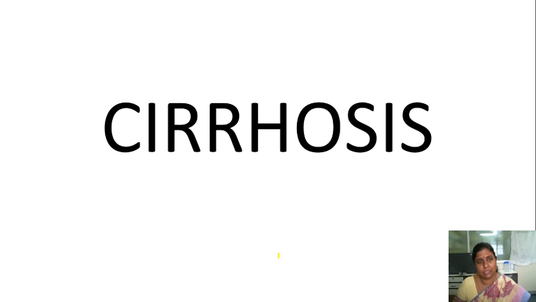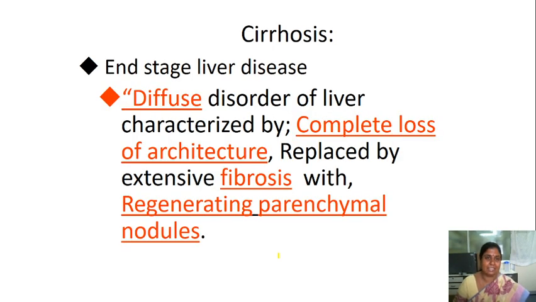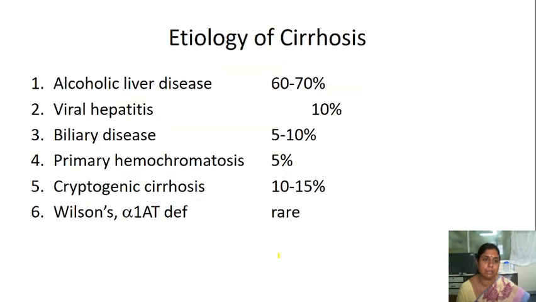Now what is it that is causing hepatic failure? It is cirrhosis. So what is cirrhosis? It is the end stage liver disease where there is a complete loss of architecture, fibrosis and regenerating parenchymal nodules occurring. And this end stage liver disease could be because of alcohol. 70% of the time it is alcohol abuse induced cirrhosis.